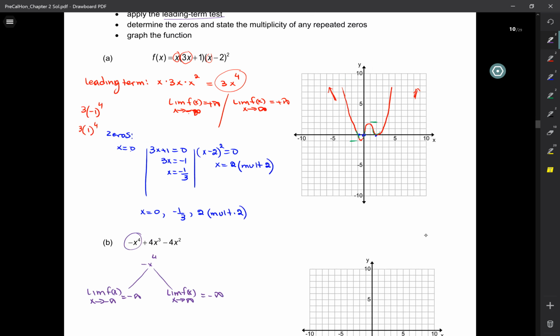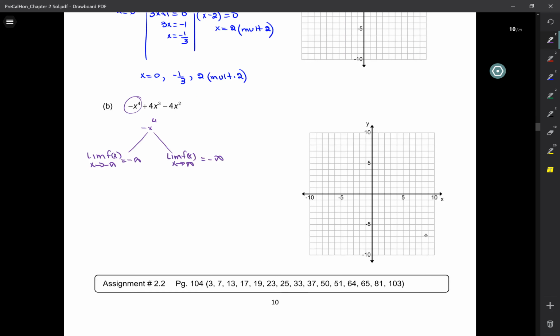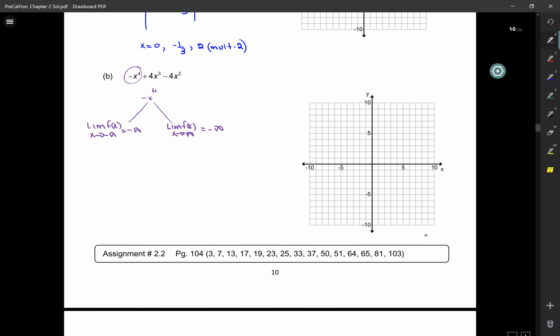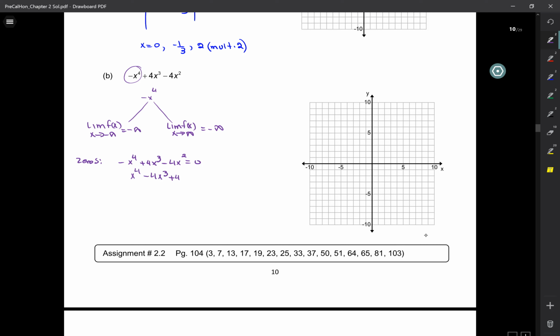Now let's figure out what the zeros are. So to do that, we have to set this equal to 0 and factor. Now I can divide through by a negative. And now I can factor out an x squared.